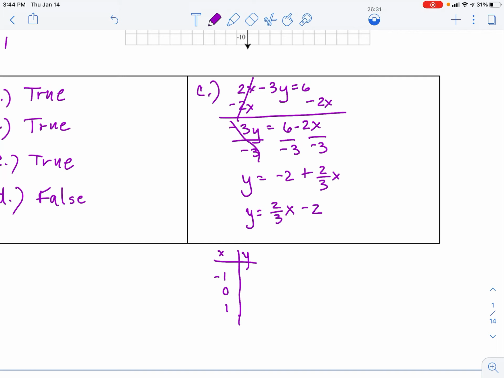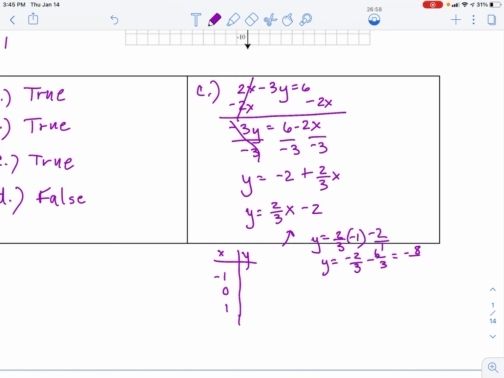Okay, so let's put a negative 1 in for x. I would have y equals 2/3 times a negative 1 minus 2, which is y equals a negative 2/3 minus, I'm going to go ahead and put this over 3 down here. You see what I did? I need common denominators here. So this would become 6.